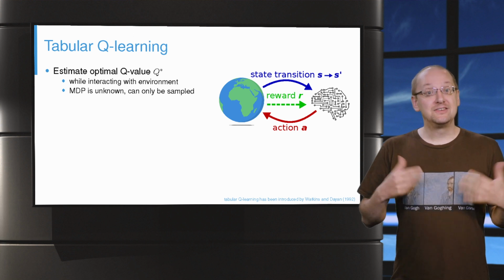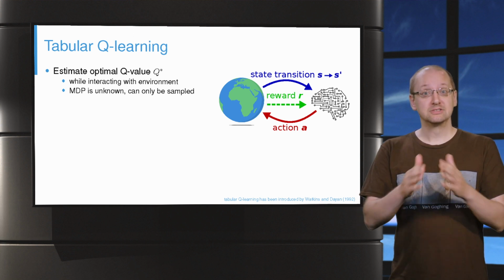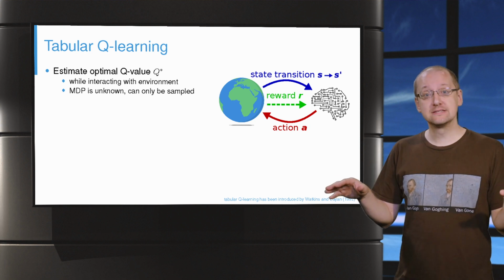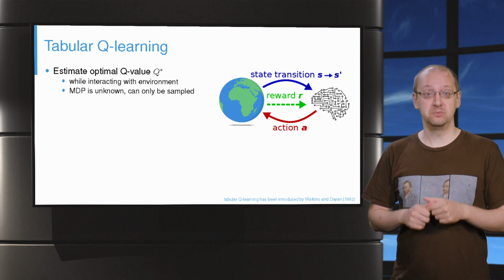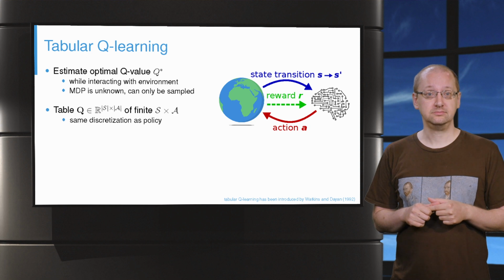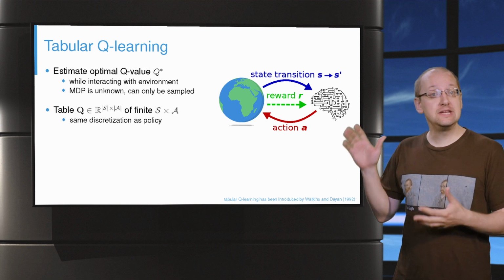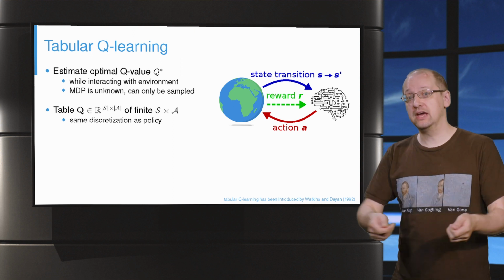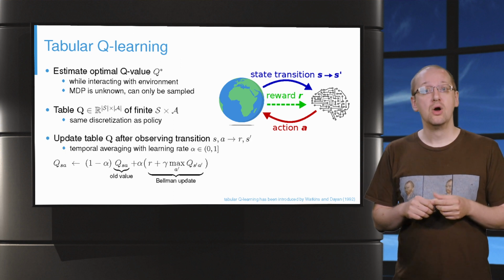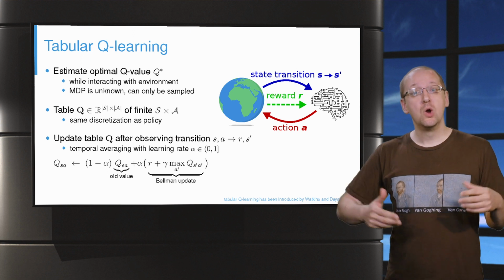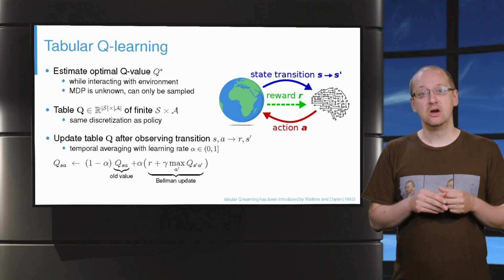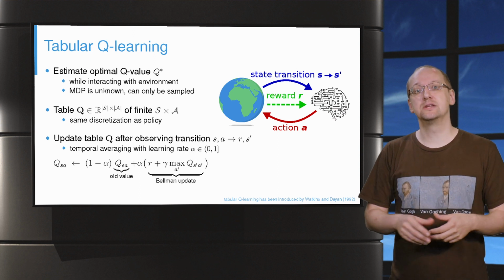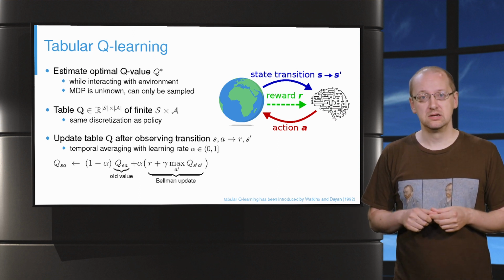Now, let's turn the math into an algorithm. This algorithm will learn the optimal Q values for all states using only interactions with the environment. We first create a table of the Q values with one entry for every state action pair. For every transition in the environment, we update the table entry of the corresponding state action pair using the right-hand side of the optimal Bellman equation.